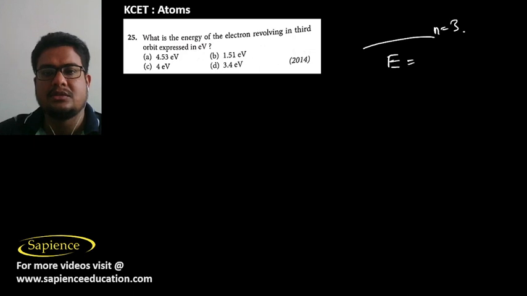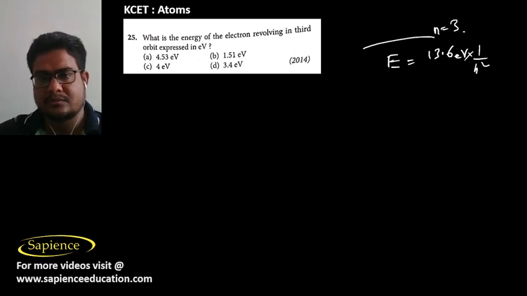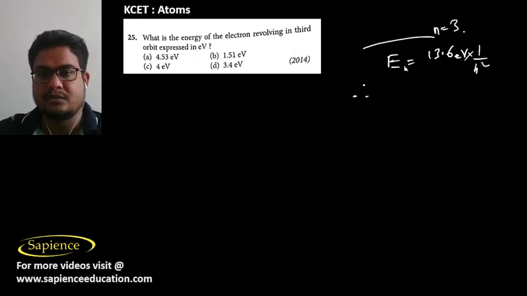The energy at the nth orbit is 13.6 electron volt into 1 by n square. So therefore, the energy of the third orbit will be 13.6 into 1 by 3 square electron volt.